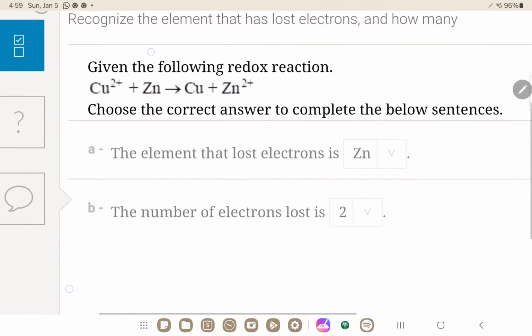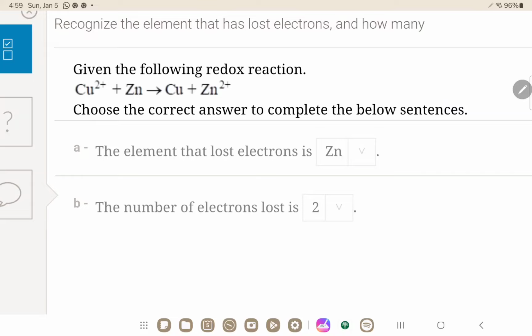And here they're asking us, given the following redox reaction, which is the element that loses electrons and how many? So here we had an element that had an oxidation number of 2, became 0, and Zn had 0 and became 2. But we don't really care because look, Cu had 2+.